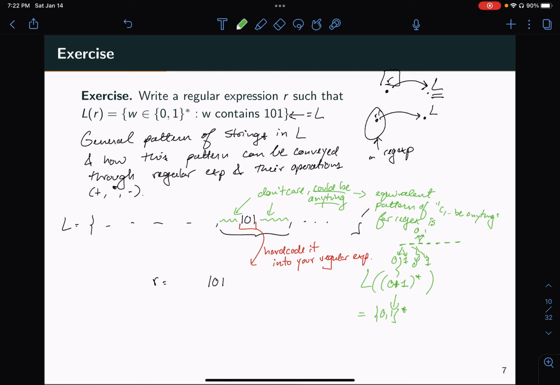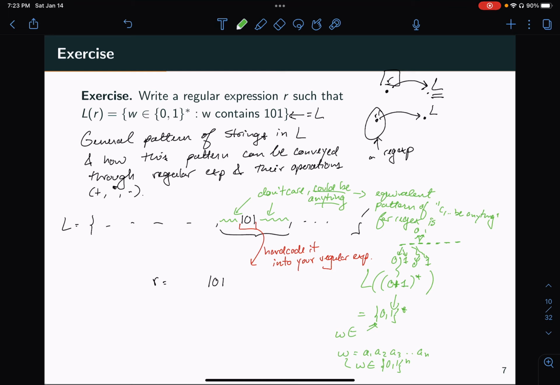What is (0+1)* really saying? If I have a string w in (0+1)*, with w equal to the letters a1, a2, a3, up to an, then w is in (0+1)^n, because (0+1)^n is all the possible concatenations of 0 or 1 n times.